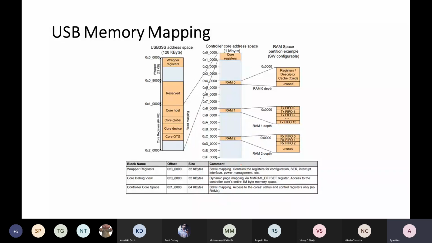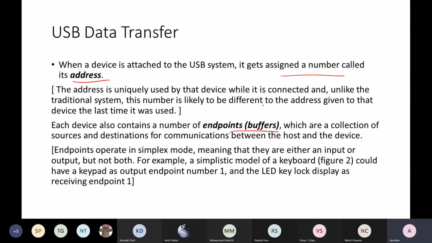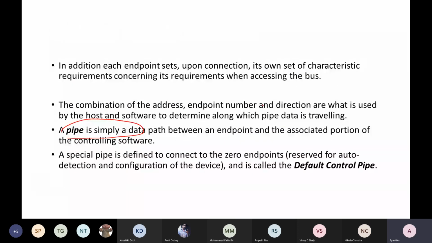Whenever a request comes, some address mapping should be there, by which data will be taken from or stored in the RAM part of USB. We will see in which form this request comes and how USB understands that request.